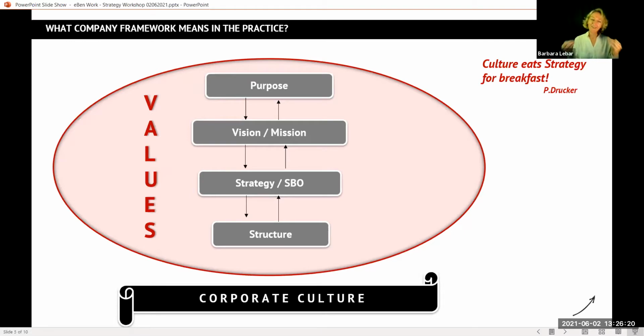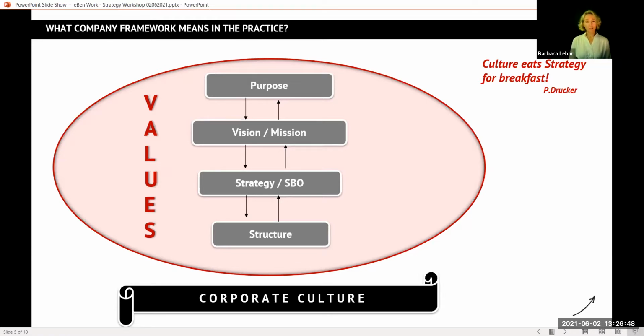We can create values in a day or two. We can create what behaviors we expect according to those values. But the culture needs that we live those behaviors on a daily basis. And how we communicate, how we collaborate, how we interact with each other, this is going to determine what our corporate culture is.